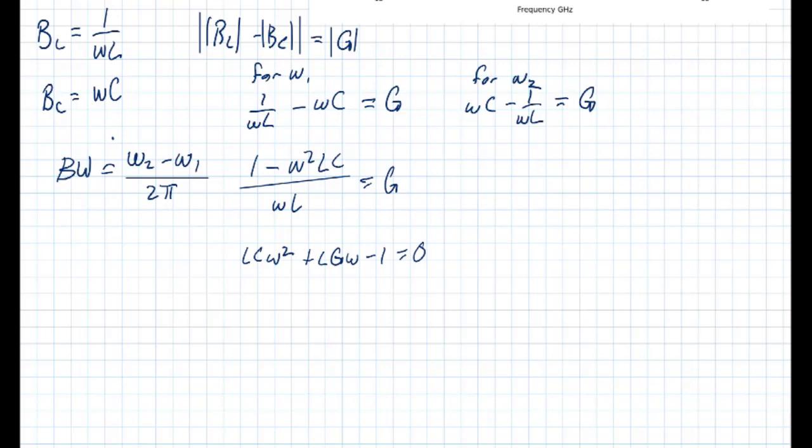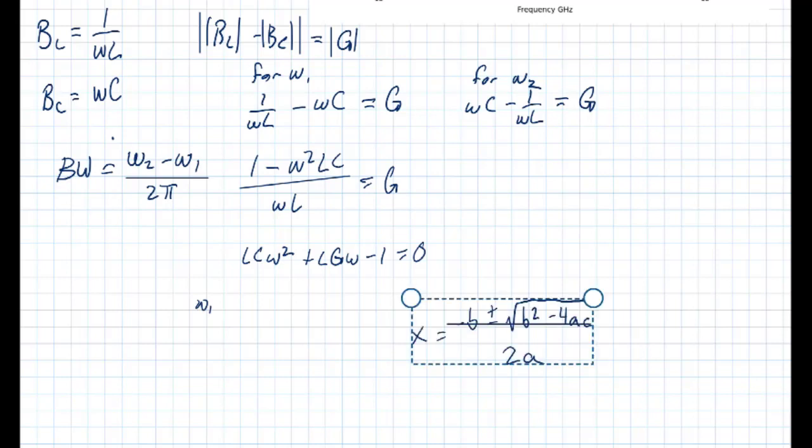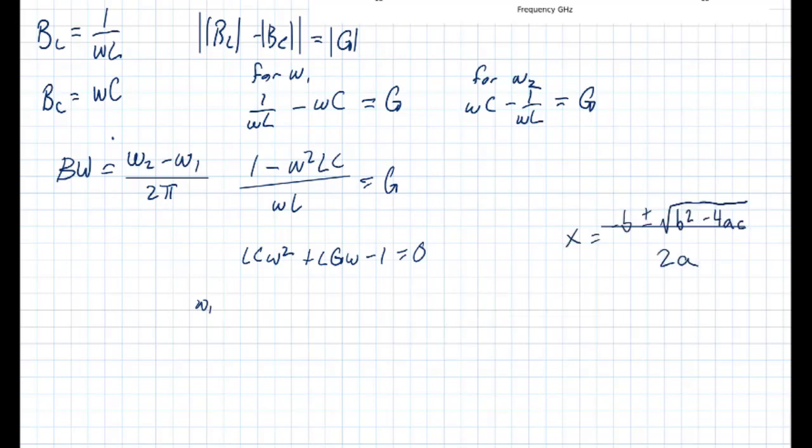So omega 1, and let me just paste the quadratic formula for reference. Minus b plus or minus the square root of b squared minus 4ac. If we use the minus term, we'll get a negative frequency, so we'll discard that result. But substituting in a, b, and c here, the square term is a, the linear term is b, and the constant term is c.